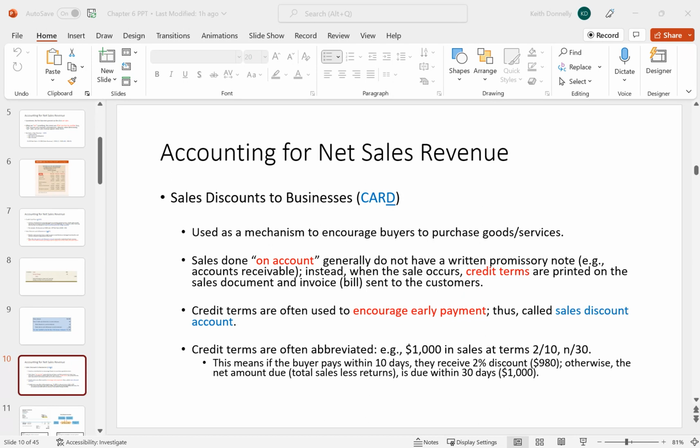In these cases, we'll give the person a sales invoice, and on there will be credit terms, right? Among other things, the credit terms are going to offer a sales discount. The idea with the sales discount is that it's going to encourage early payment.